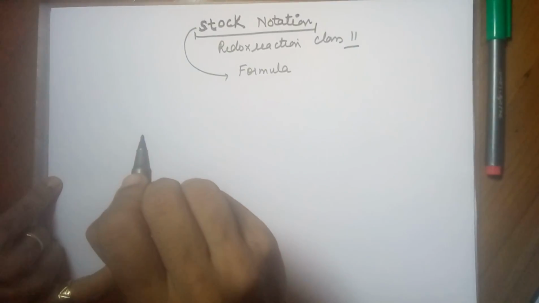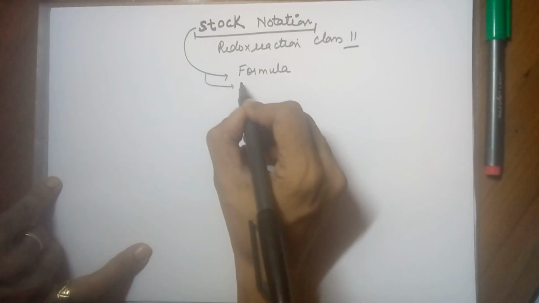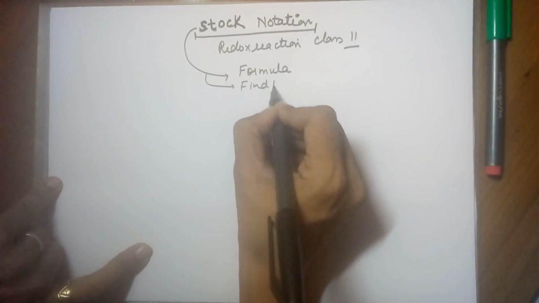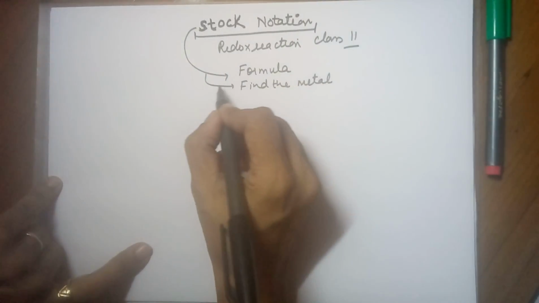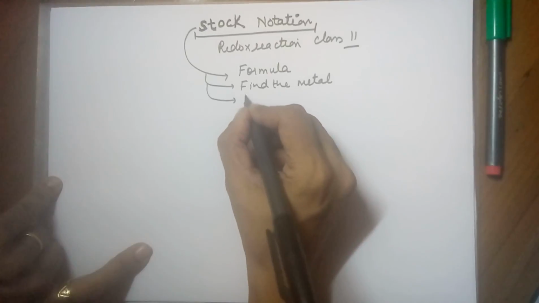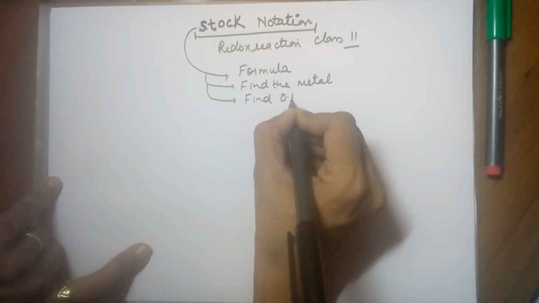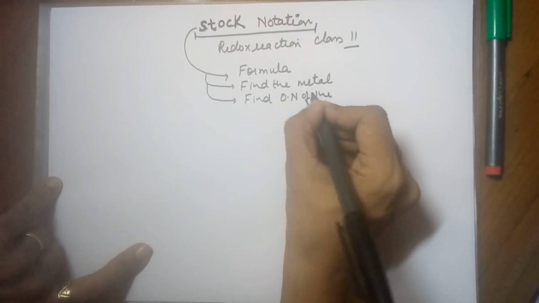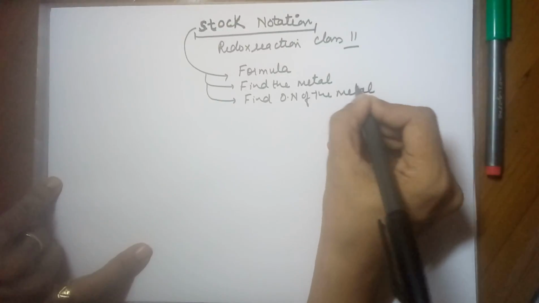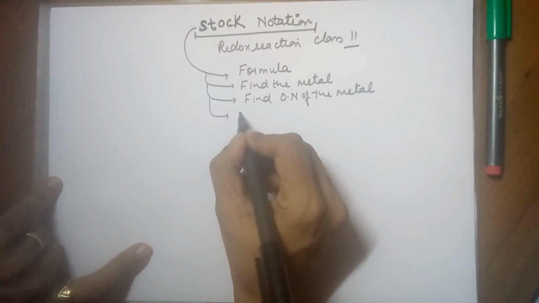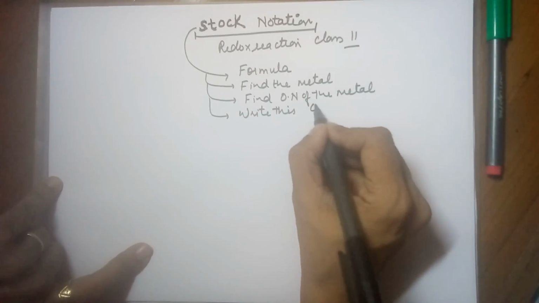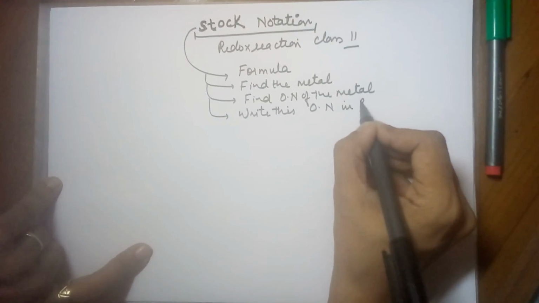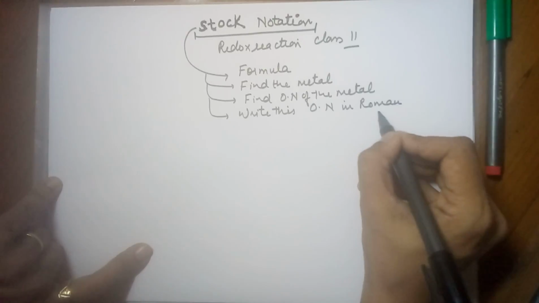What is so special about it? The first thing that you need to do is find the metal in the compound. Secondly, find the oxidation number of the metal. Thirdly, write this oxidation number in Roman numerals.